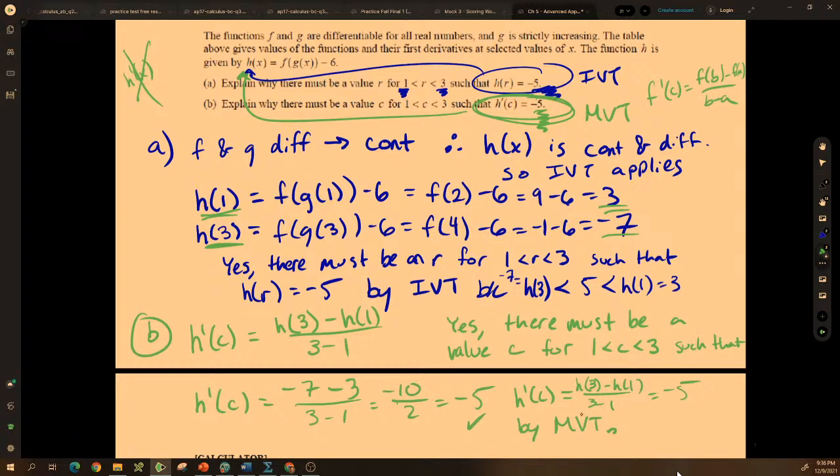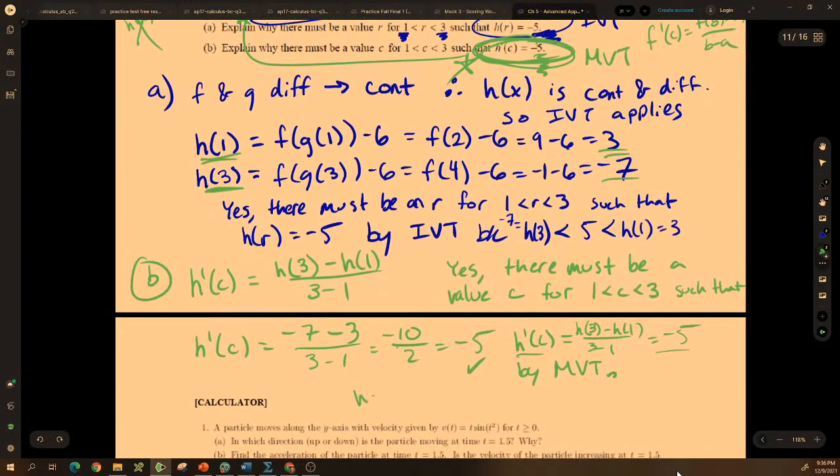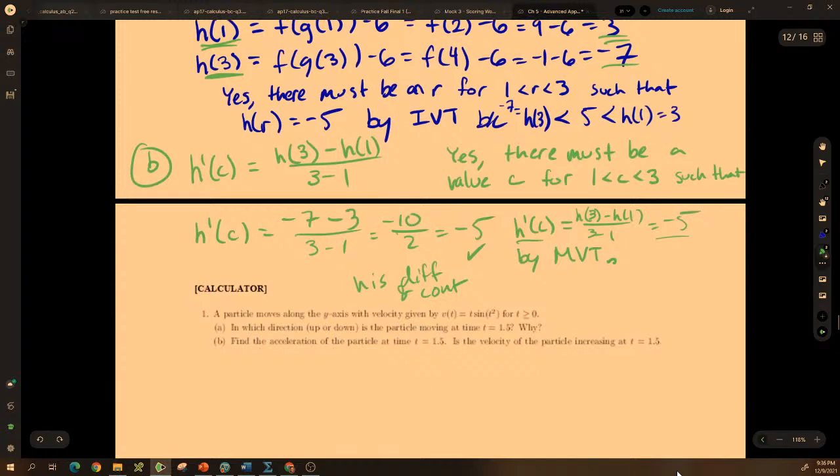Now, had I just put h prime of c directly equal to negative 5, that would have been fine as well. Right? That's what they have up here, and that's fine. Somewhere I probably should have written that h is differentiable and continuous as well. But I already put that in A. I forgot to rewrite it, but it would be nice.